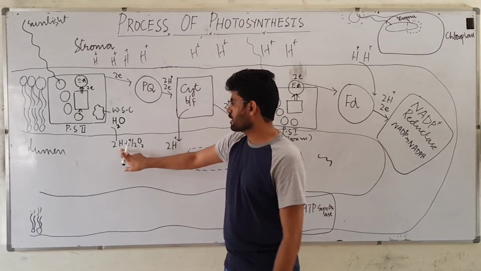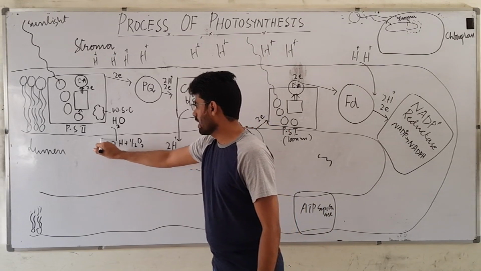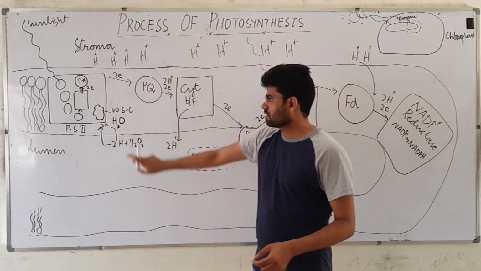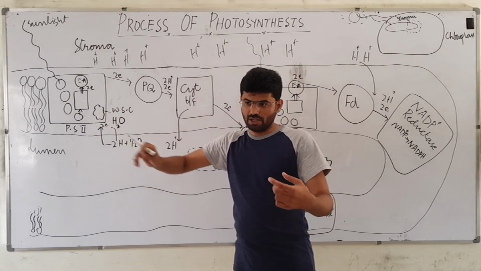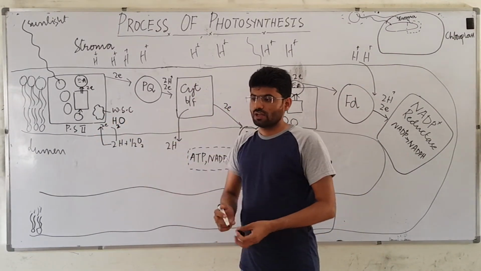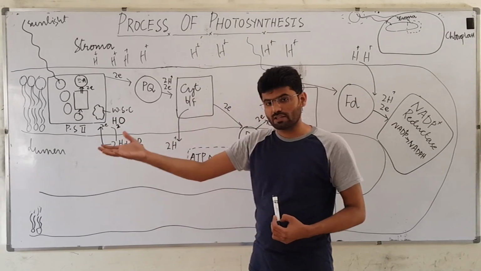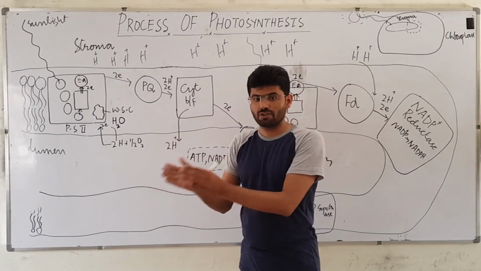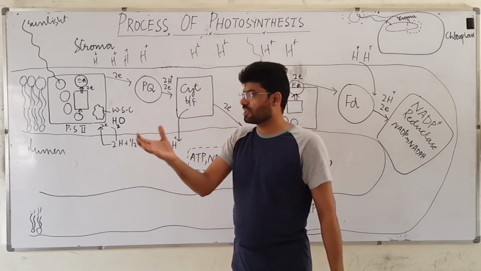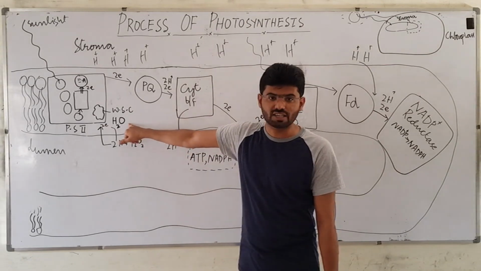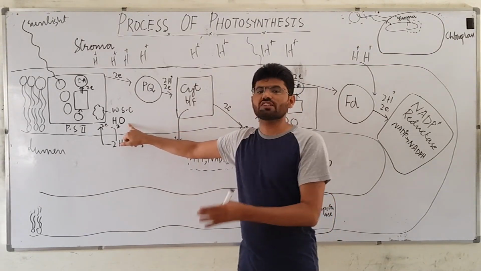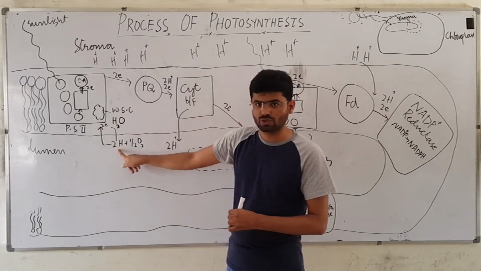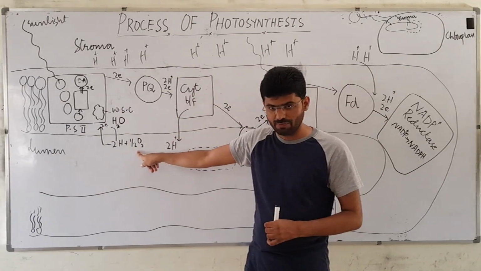From these two hydrogen atoms, the two electrons are given to the PS2, because we said in our previous videos, about the reactants of photosynthesis, the reactant water, we discussed why water is used. We discussed water is oxidized, means water will lose its electron. First of all, it will be broken into two hydrogen atoms and half oxygen.